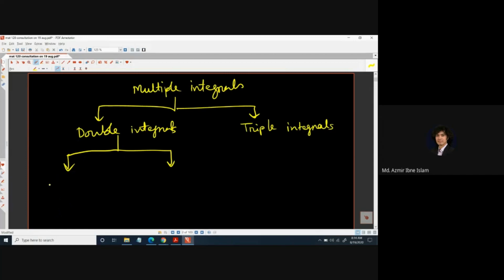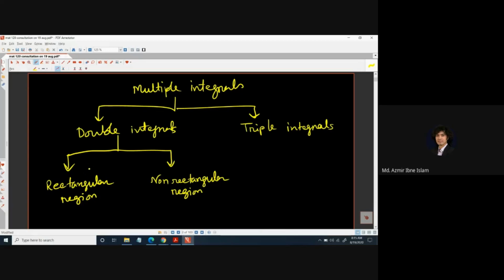The first case is the rectangular region, where we find the antiderivative over the rectangular region. And we also have to evaluate double integrals over non-rectangular regions. For now, let's discuss double integrals. Then we will move to triple integrals.